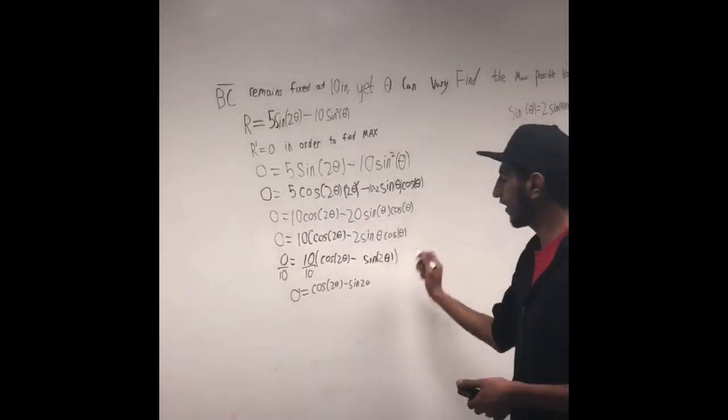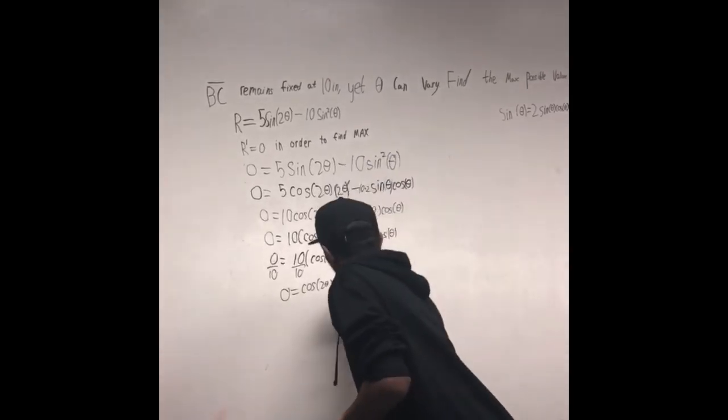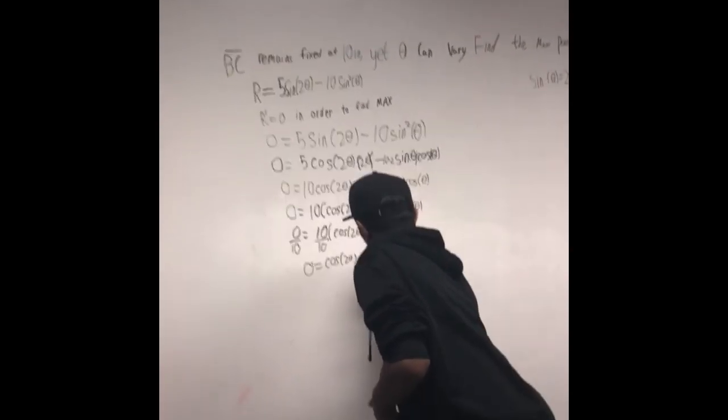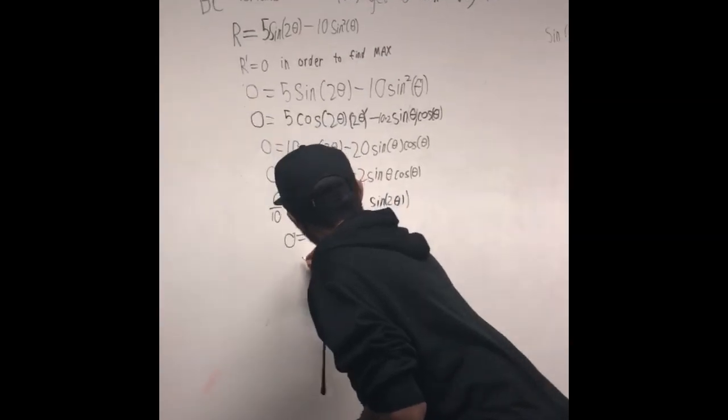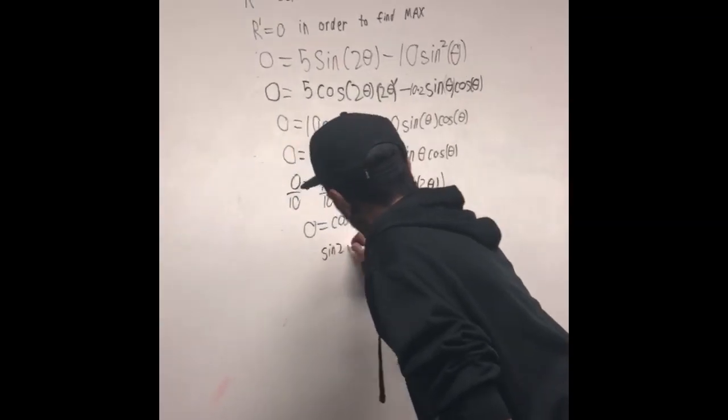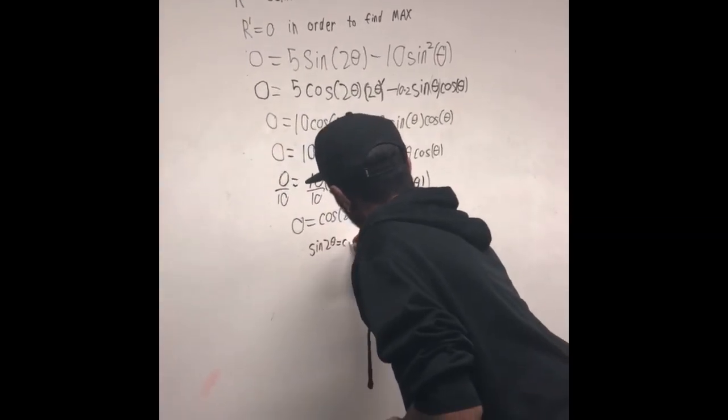And then we can add the sine to the other side. So we get sine 2 theta equals cosine 2 theta.